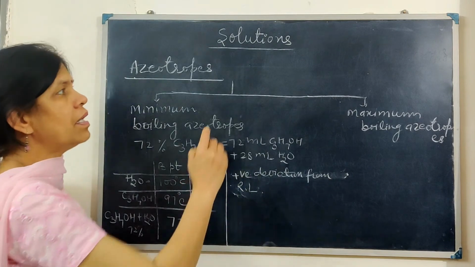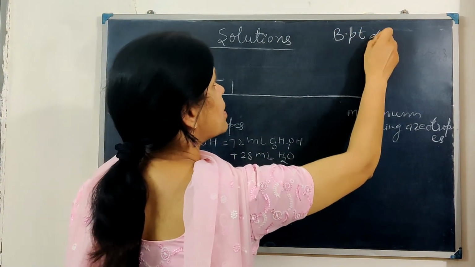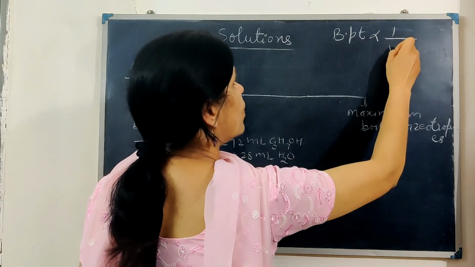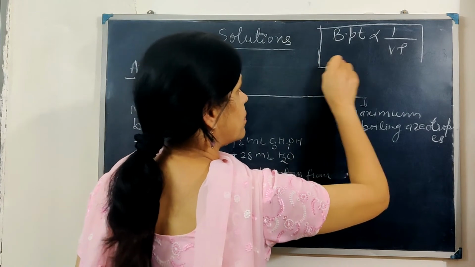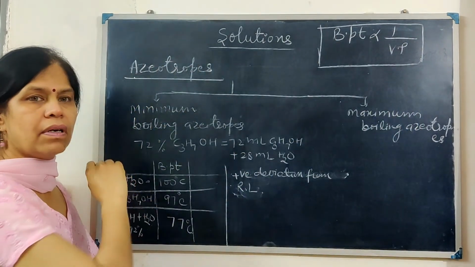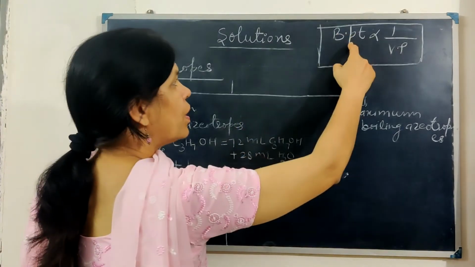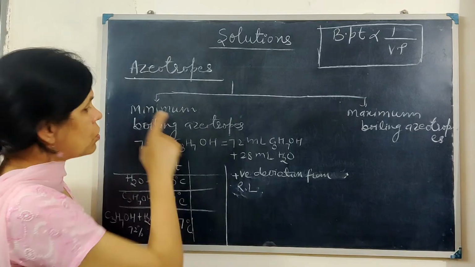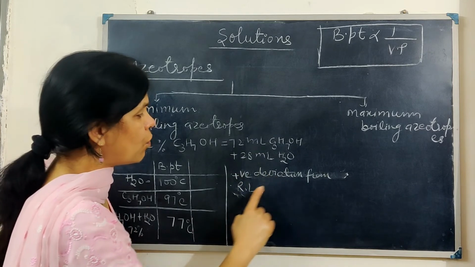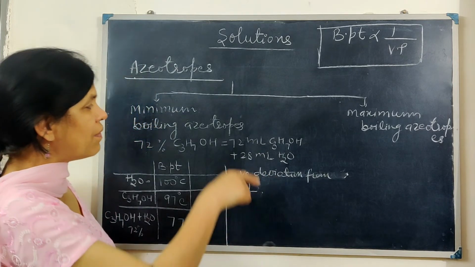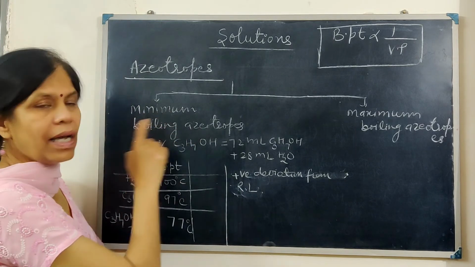For the time being, you may learn that boiling point is inversely proportional to vapor pressure. Maybe in the next class I'll explain why the relation is inverse between the two. So if the boiling point increases, vapor pressure decreases. So if any solution shows positive deviation from Raoult's law, it will definitely have lesser boiling point, so they'll come under minimum boiling azeotrope.